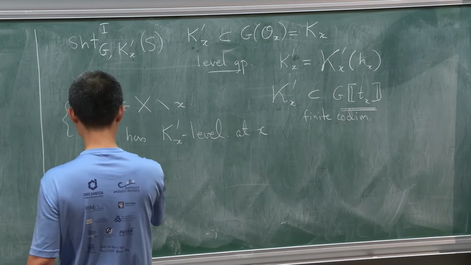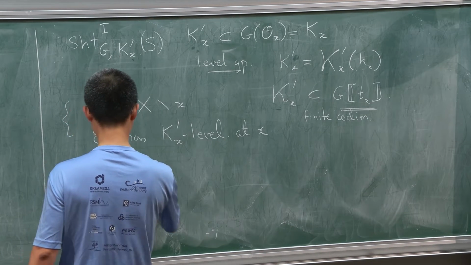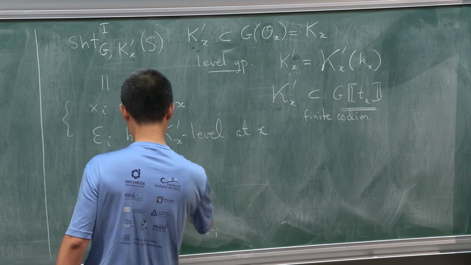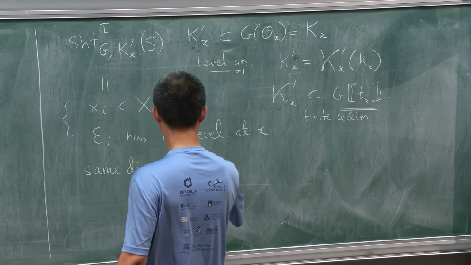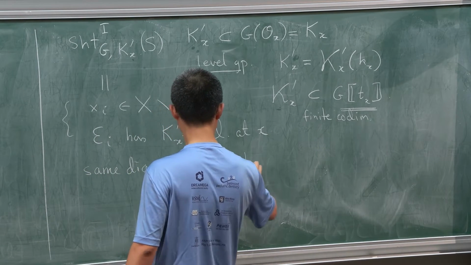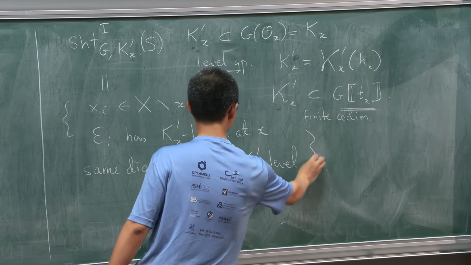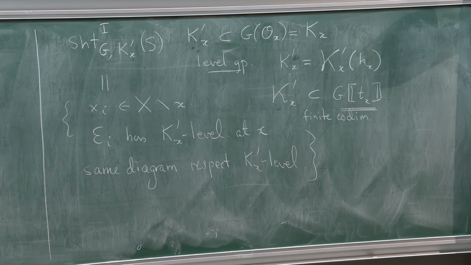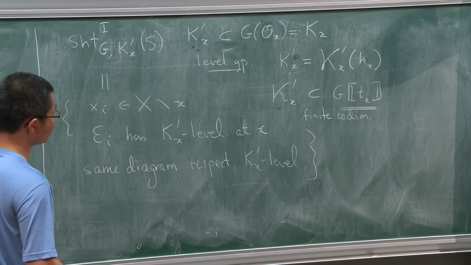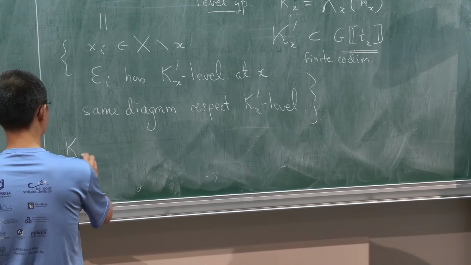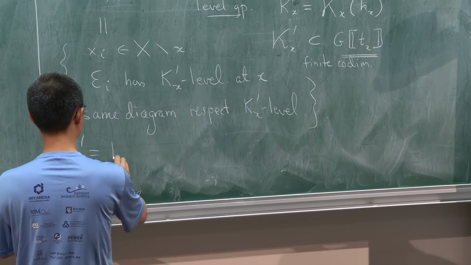And then the same diagram, but all the maps should respect the K_X' level structures. Okay, so typically K_X' could be an Iwahori subgroup.